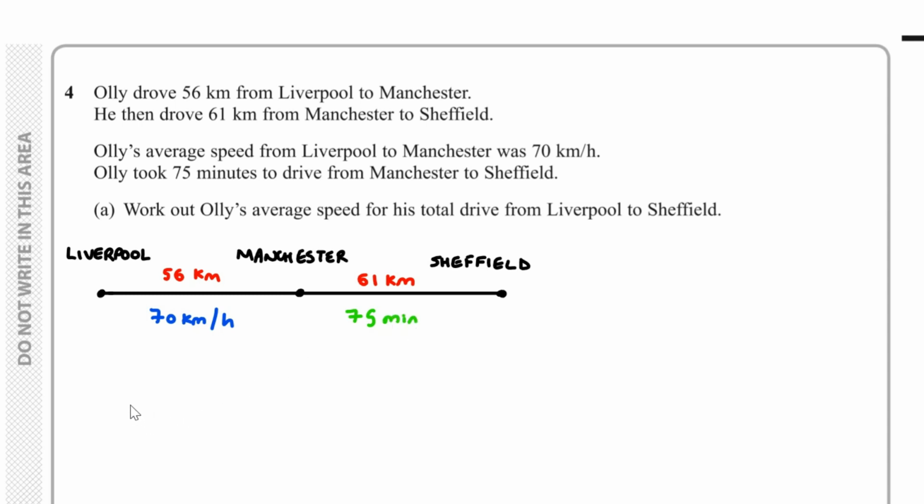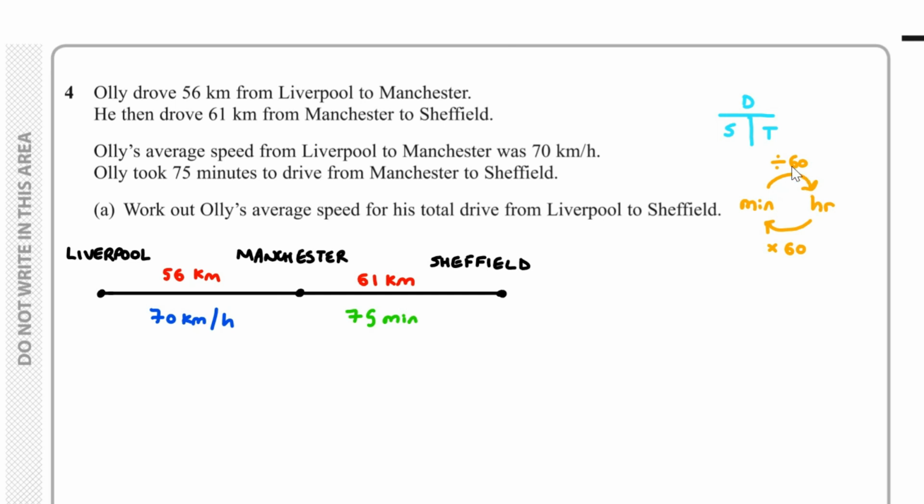And what we need to do is find out the average speed from Liverpool to Sheffield. So, first of all, the formula that connects speed, distance and time can be seen in this triangle. So, what else we need to know?